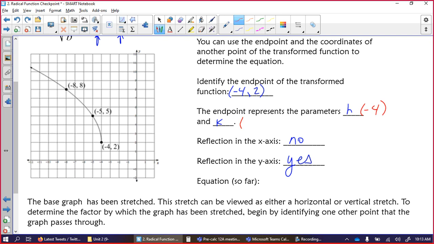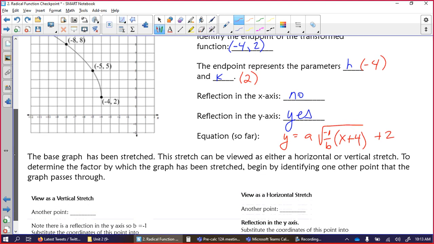Our K is 2. So our equation so far, A square root of, well, we've got a negative 1 over B, x plus 4, because that switches, plus 2.